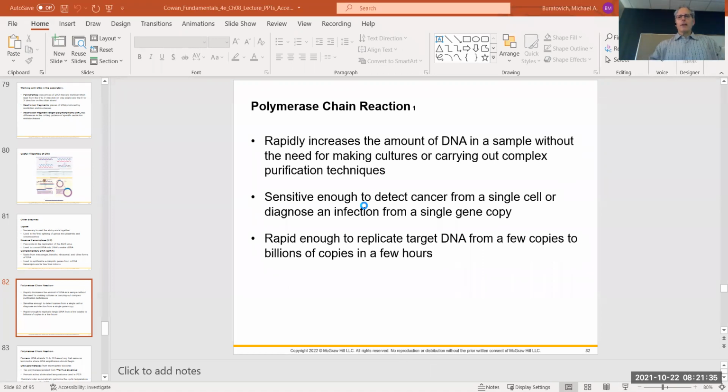All right, so that's polymerase chain reaction. The important element in polymerase chain reaction is this heat-resistant DNA polymerase that is isolated from an aquatic bacterium that lives in hot springs. The organism is called Thermus aquaticus, so the enzyme gets called Taq polymerase after Thermus aquaticus.